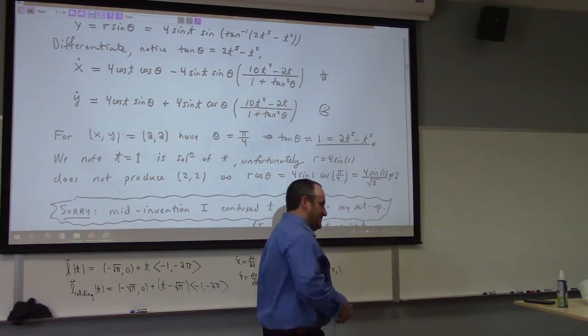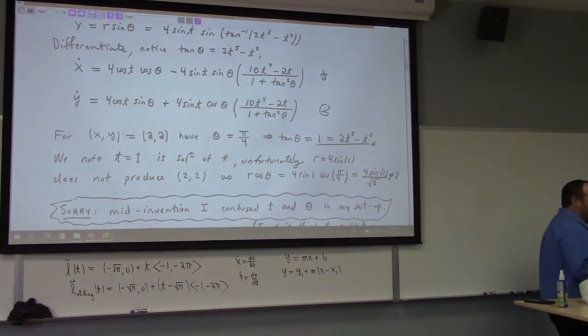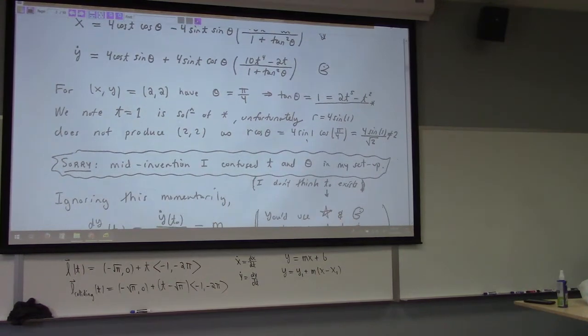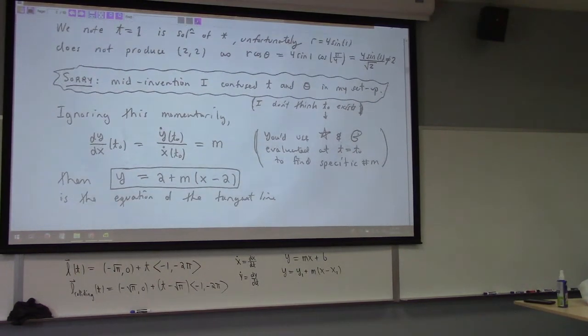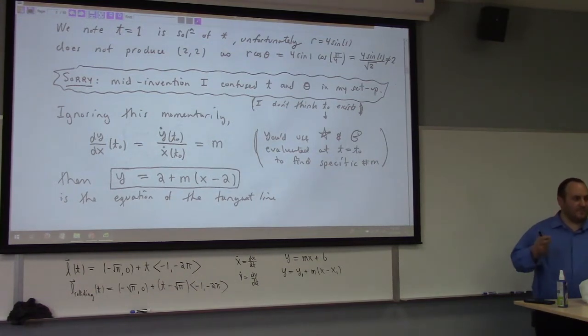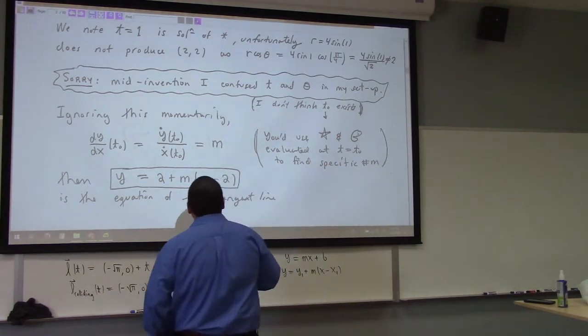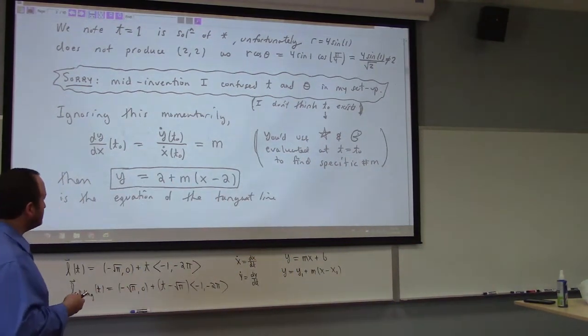Obviously I would not give you a problem on the final where you have to use Desmos to find out what it looks like. But the larger point here is, I want you to ignore the problem of specifically finding the t naught, because that might not be possible here. At least I don't think it is.